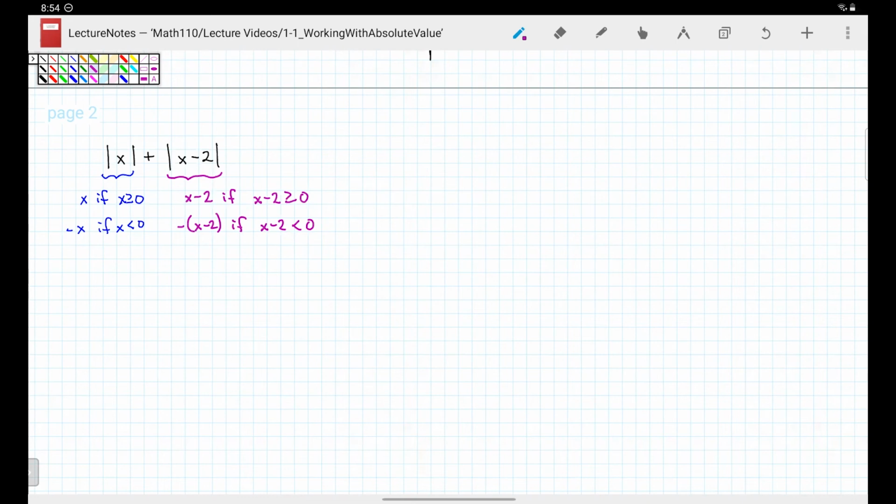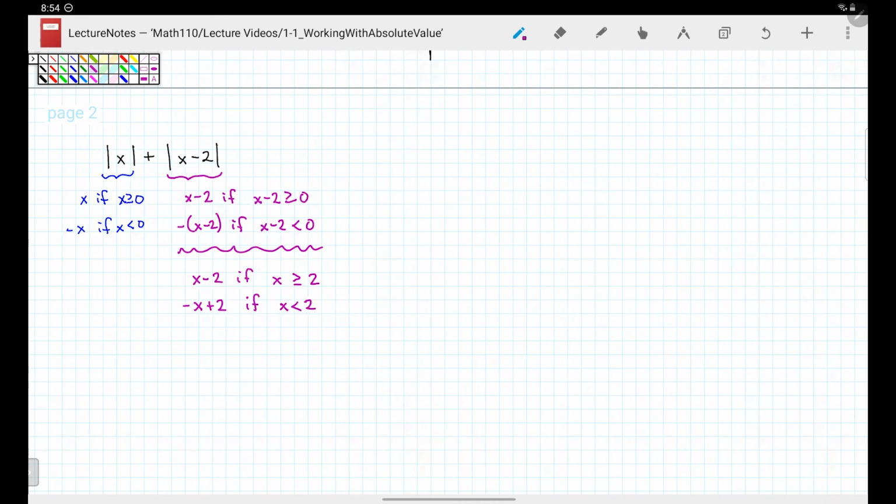All right, I'm going to rephrase that x minus 2 piece a little bit and say it is going to be x minus 2 if x is greater than or equal to 2, and it is going to be negative x plus 2 if x is less than 2.